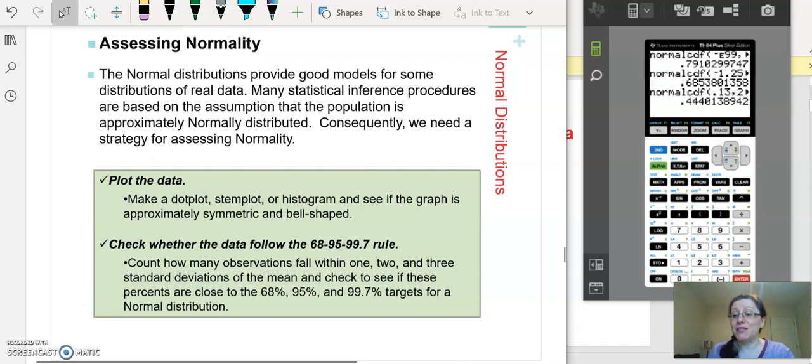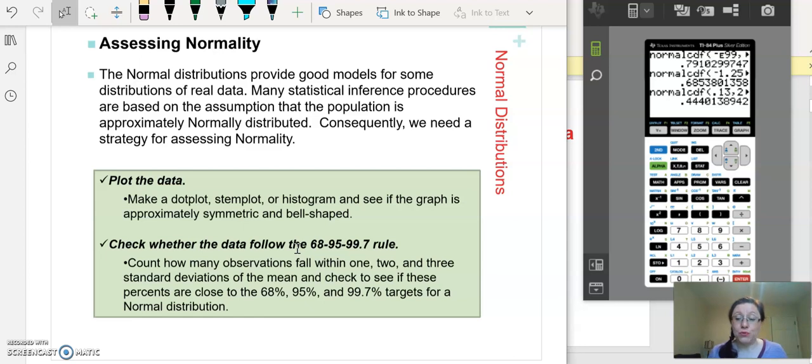Now, how do we assess if we have normally distributed data? So first you need to make sure you have all your data values. You're going to graph them. You're going to do a dot plot, stem plot, or a histogram. You're going to be looking to make sure it's approximately symmetric and bell-shaped. That's not enough, though. You also have to check whether it follows that empirical rule. So you have to calculate your mean and your standard deviation.